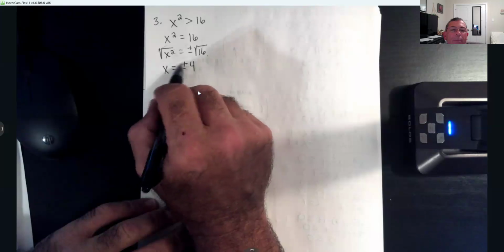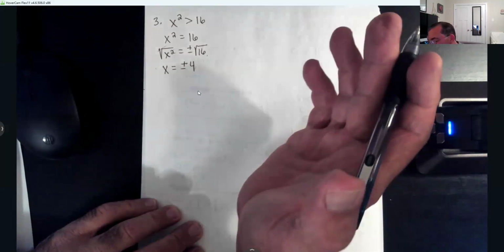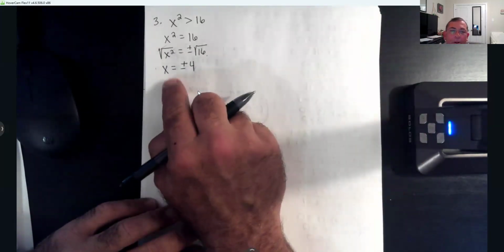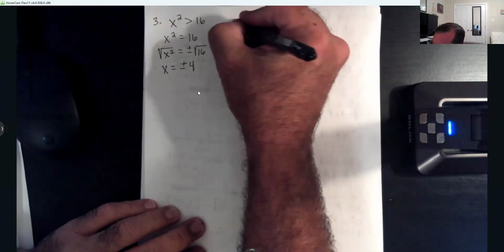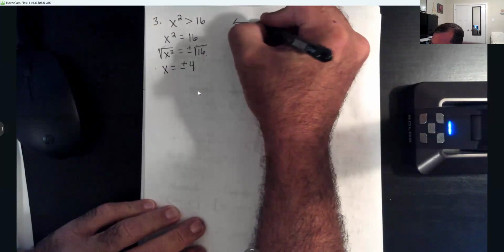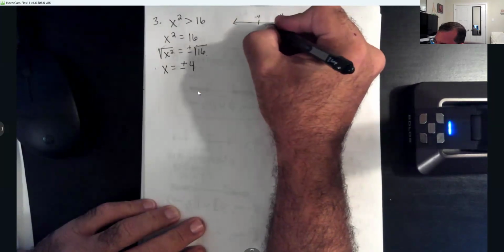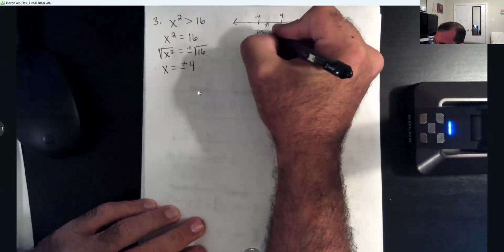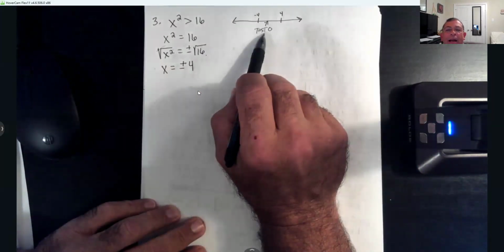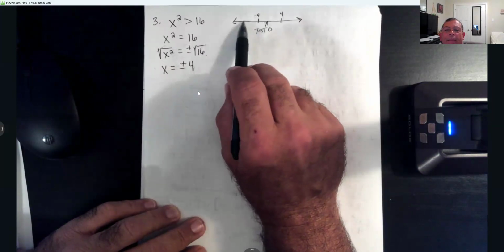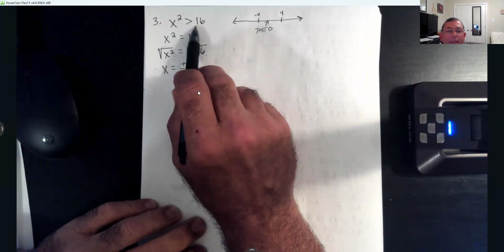So the square roots give you both the numbers, or you could have factored it, get everything on one side equal to 0. But y'all, square roots are the quickest when you got this kind of situation. So I got a -4 and a +4. I'm going to test my 0 because it's right in the middle again. And really the trick is finding out where 0 is on your number line. So I'm going to test 0, which is 0 squared greater than 16.